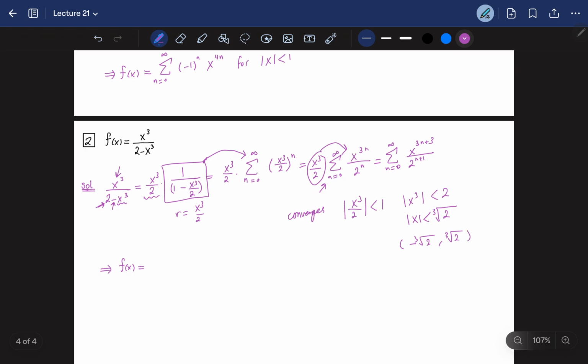So that would be your radius of convergence. So your function can be represented as this power series, for absolute value of x less than the cubic root of 2.